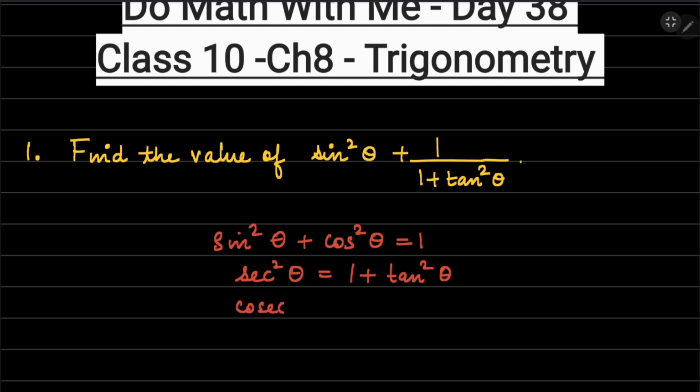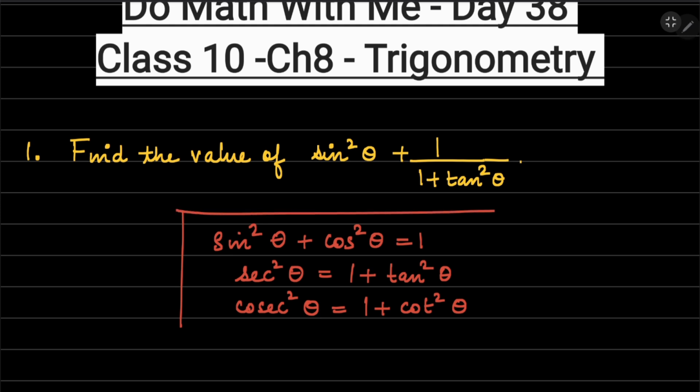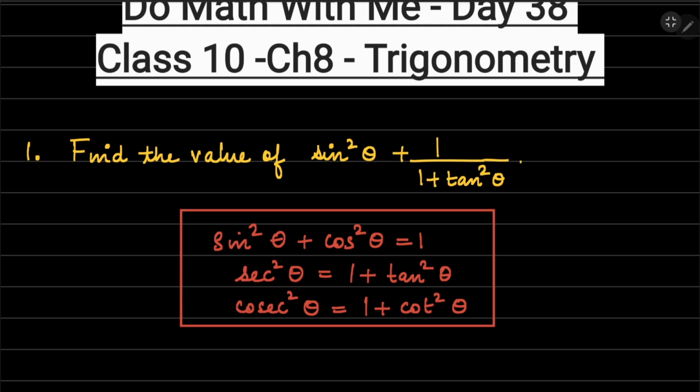Okay, so cosecant square theta is equal to 1 plus cot square theta, or cosecant square theta minus cot square theta is equal to 1, right? Either way you can write it. So this is something which you should remember. Okay, these are a very important set of identities which will help you write any one of the trigonometric ratios in terms of the other.